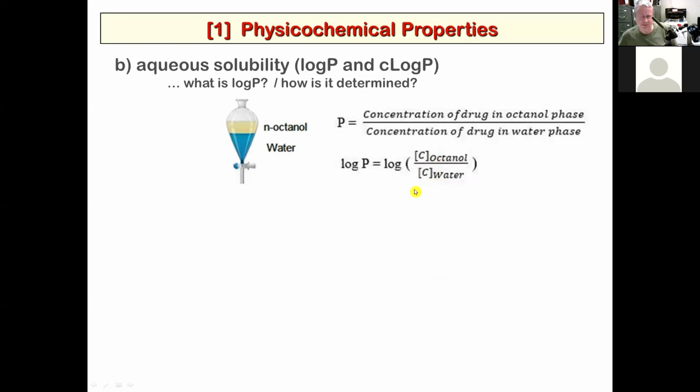How would you do that experimentally? Like you could do this. You just go get some octanol, go get some water. I mean, you can even do this on a micro scale. You could use an Eppendorf tube or something, right? You don't need to use a big separatory funnel because that would imply you have a lot of your drug to waste in this experiment. But you could do it in an Eppendorf tube or small volume thing. And then how would you determine how much of the drug is in one phase versus the other?